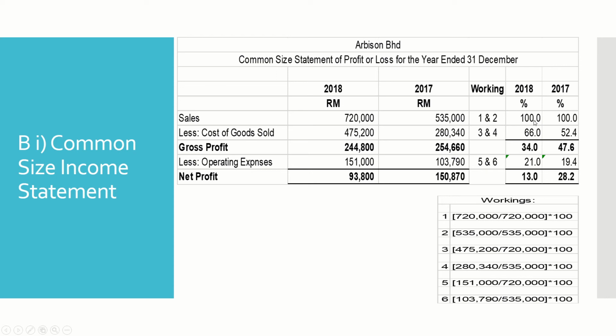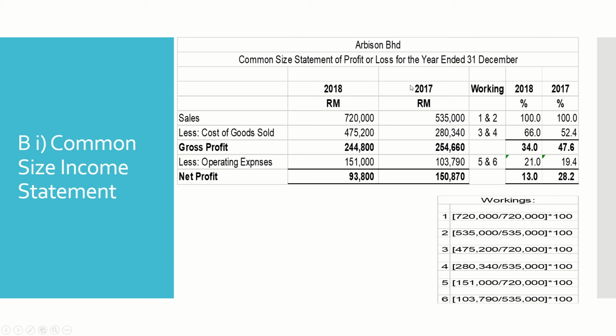The answer is 100%. Same goes to 2017. But in 2017, the amount of sale is 535,000. Divide with 535,000 times 100. Then you get 100% for sale in 2017.